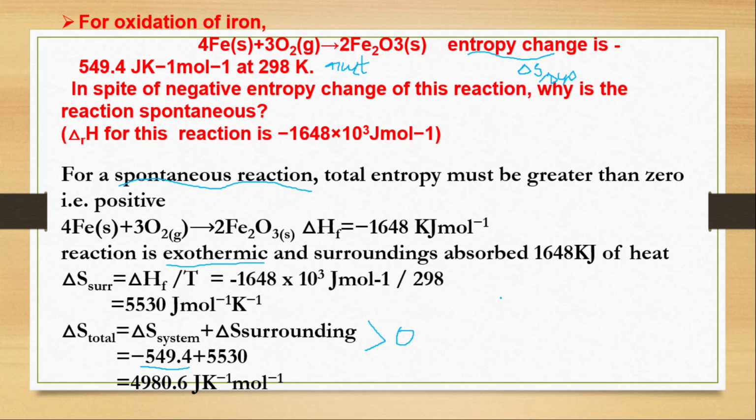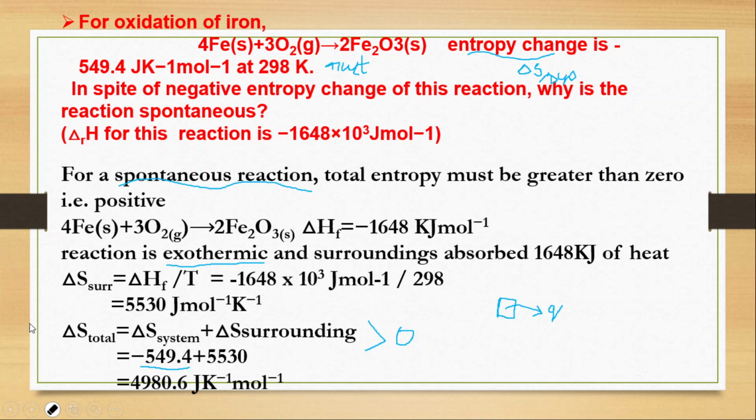The rusting is taking place on the surface of iron, and the energy is liberated to the surrounding. Clear? Because it is an exothermic process giving out heat, the surrounding is absorbing some amount of heat.